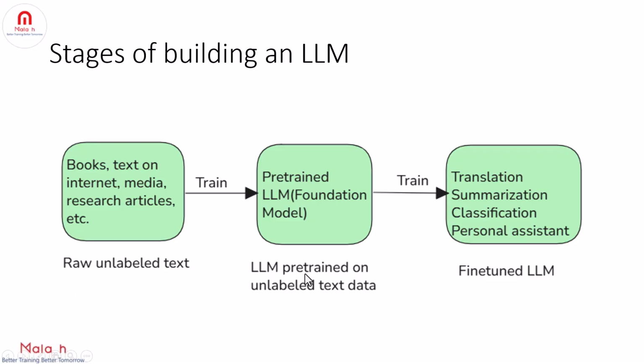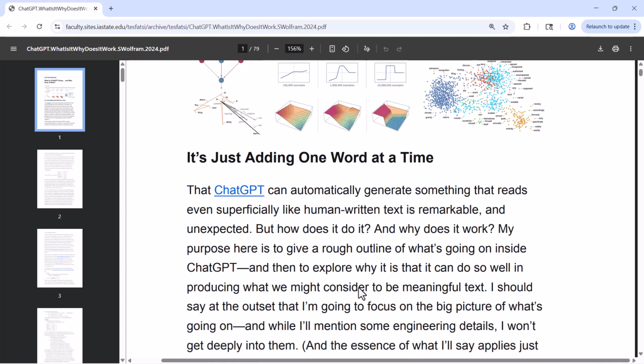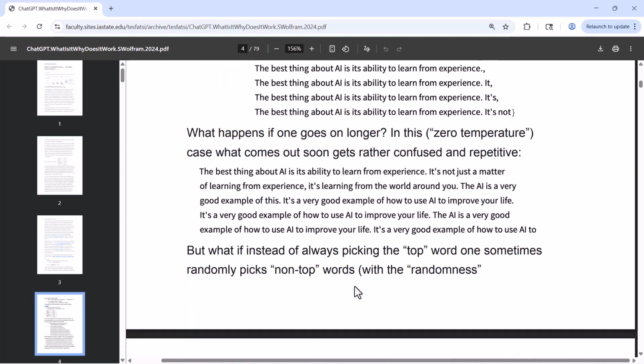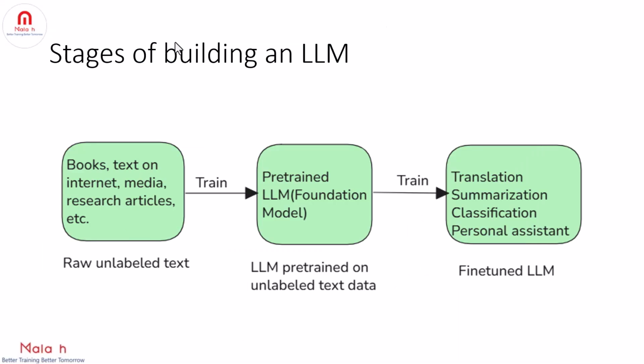If you want to deep dive into what ChatGPT is and how it works, I will provide an article. In this article, they've explained what ChatGPT is and why it works, right? You can go through this article when you have time. I will provide it in the resource section. So agents use LLMs as their brain, and for that we need to understand the ReAct framework.